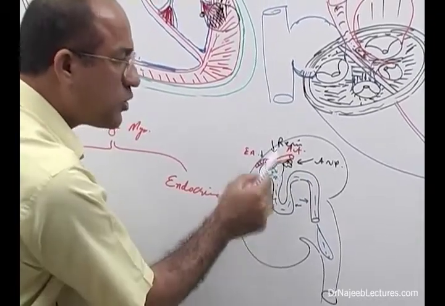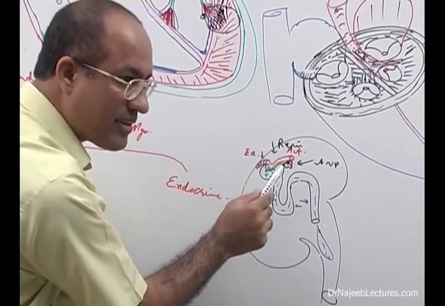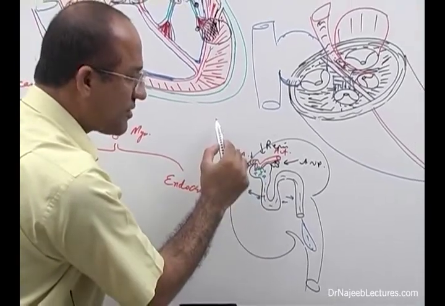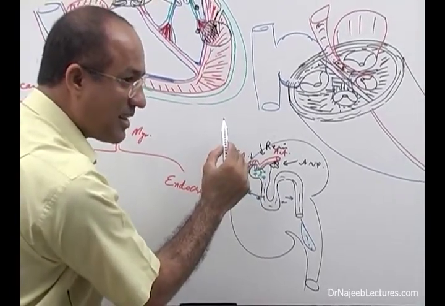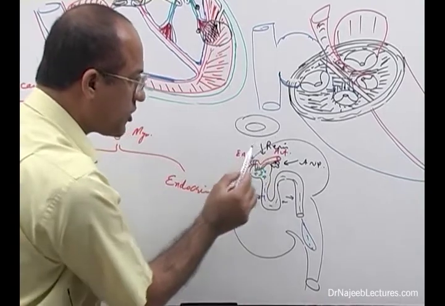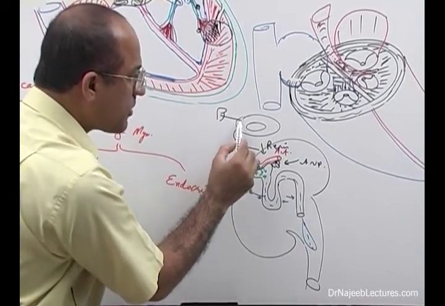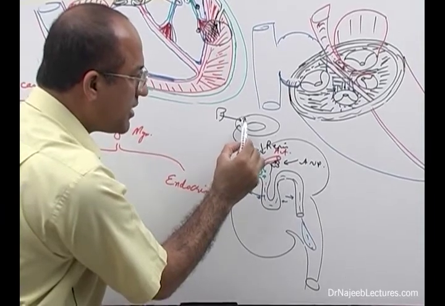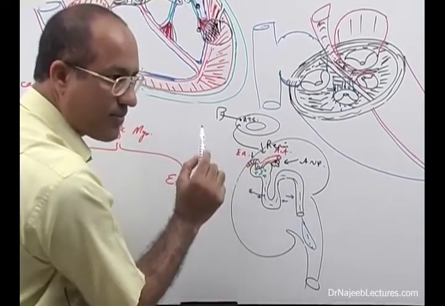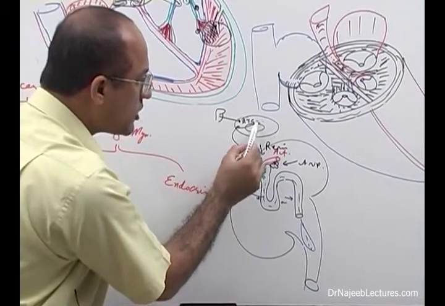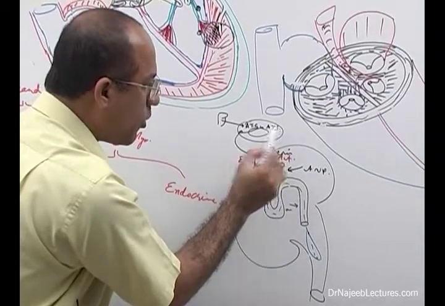If the kidney is producing less renin, then who can tell me what will happen? Who knows the renin, angiotensin, aldosterone system? Renin normally converts a substance coming from the liver. From the liver what is coming? Angiotensinogen. So renin normally converts angiotensinogen into angiotensin 1.